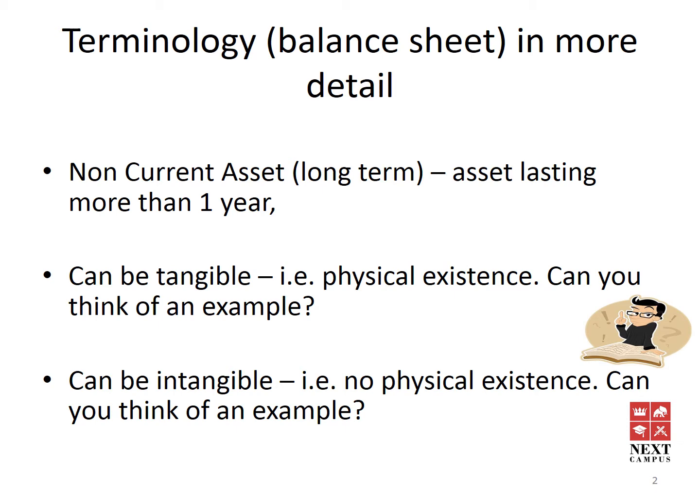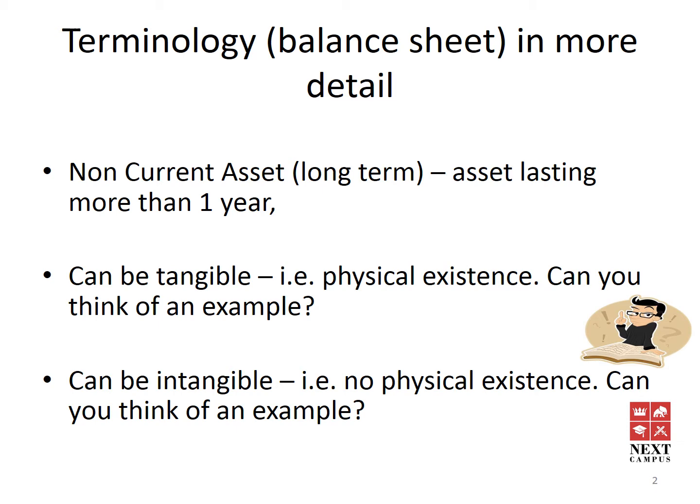Examples: motor vehicles, land and buildings, then furniture. Those assets we will be keeping for a period of more than 1 year. So that's non-current assets, long-term assets, assets lasting more than 1 year.